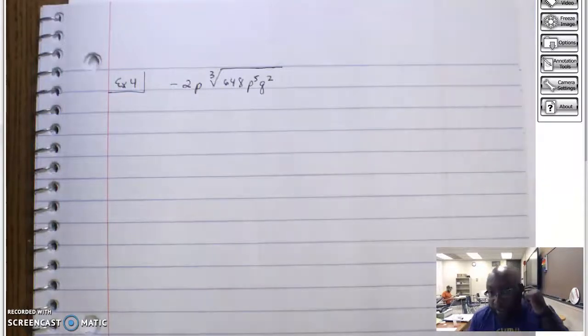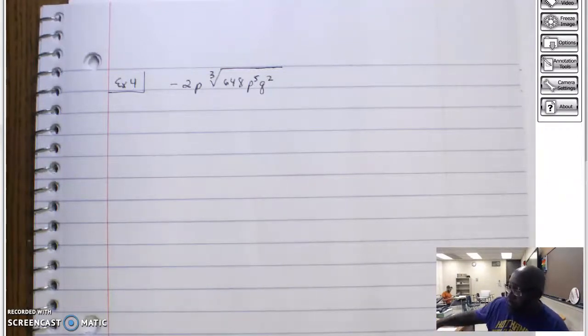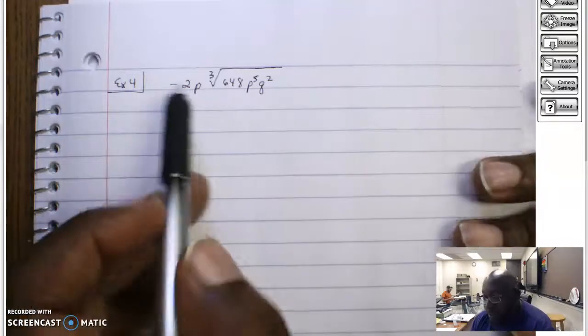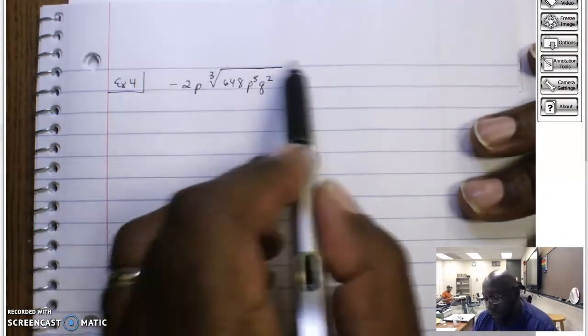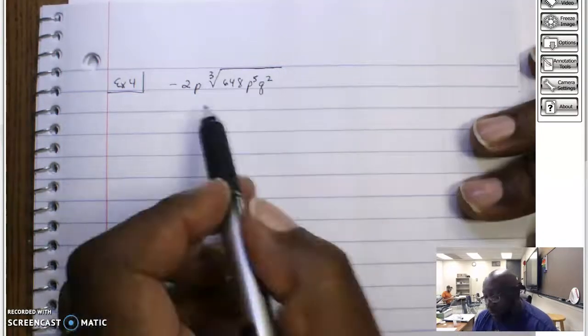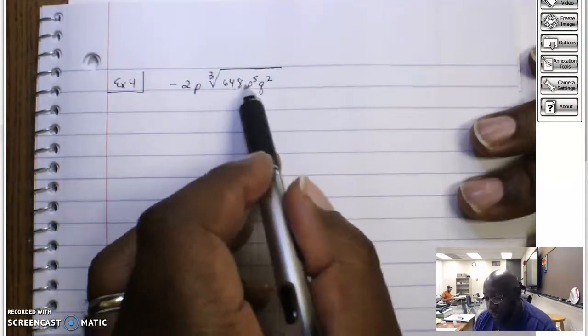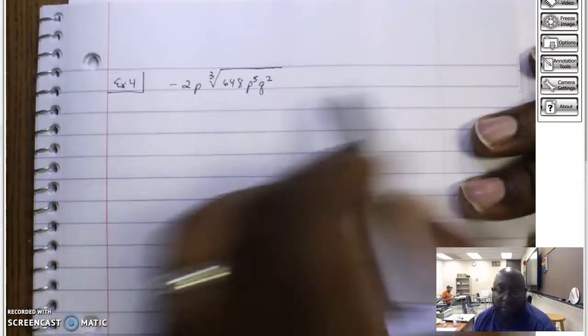Okay, now I'm back with example 4 of simplifying radicals. This particular problem has a little more flavor because I have a negative 2p out in front of this radical. This time I'm doing the cube root of 648p to the 5th q to the 2nd.